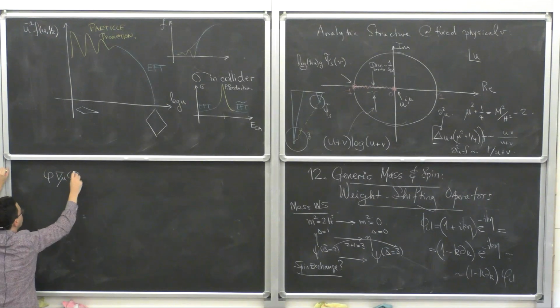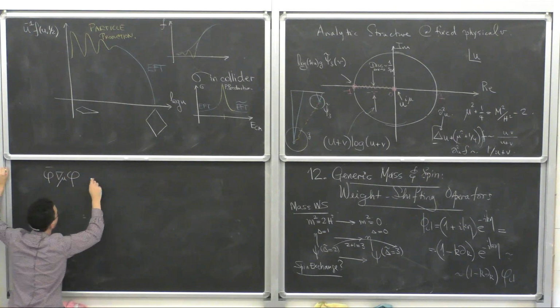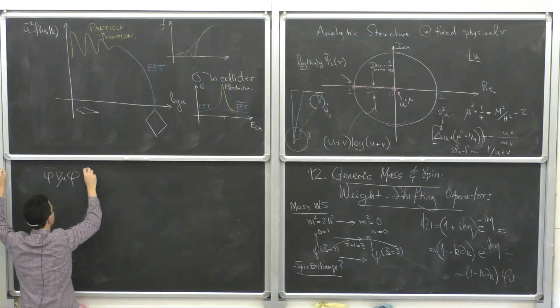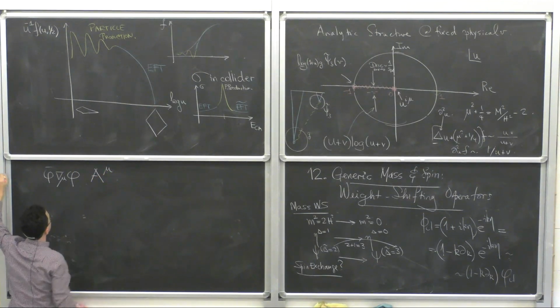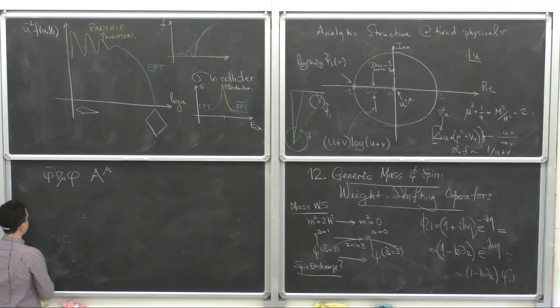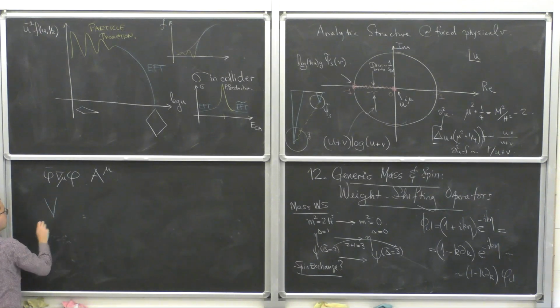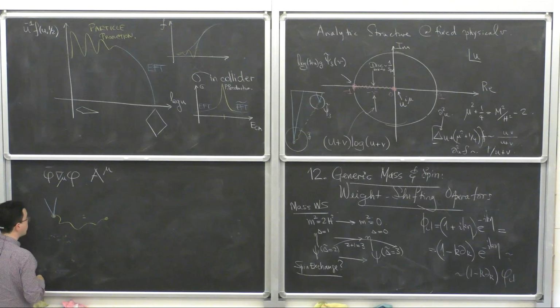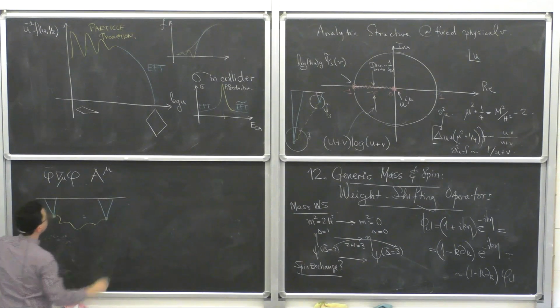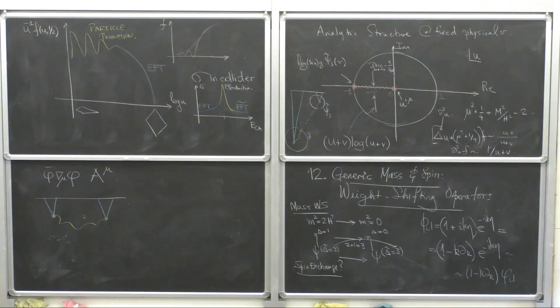So you couple them to gauge field, A mu. So there's a cubic coupling, and then you have a cosmological correlator where you exchange now a spin 1 particle like this. Now I'm still doing conformally coupled, but I want to exchange a spinning particle instead of a scalar particle, okay?